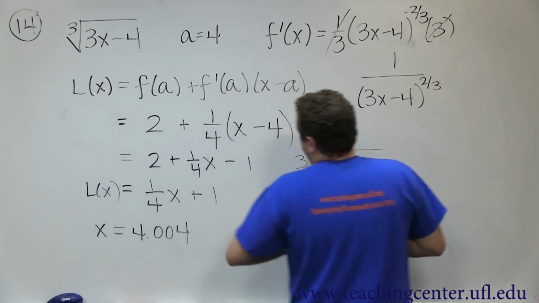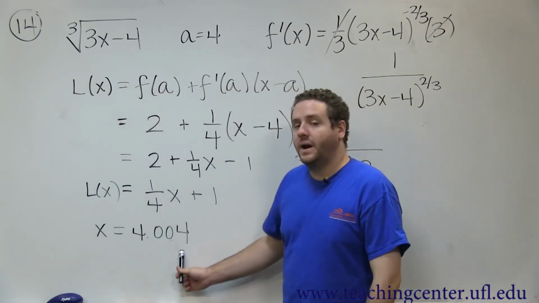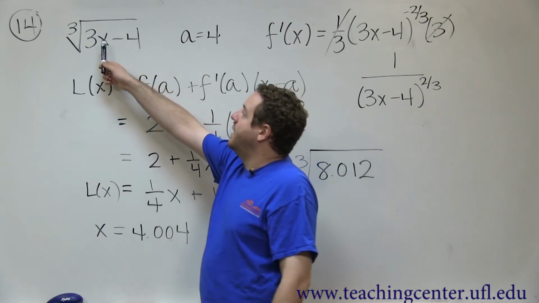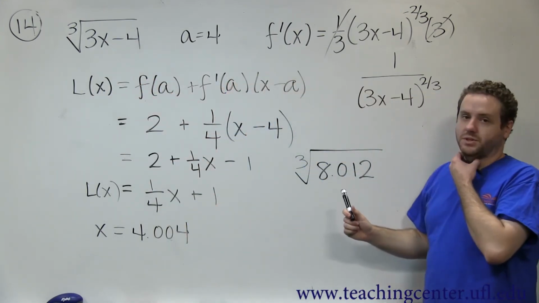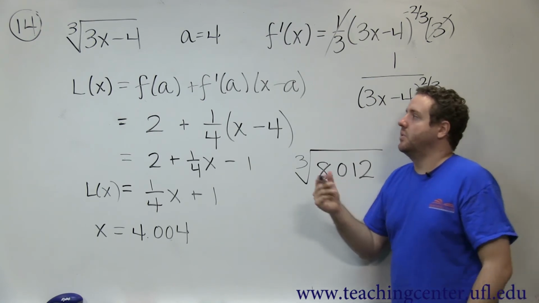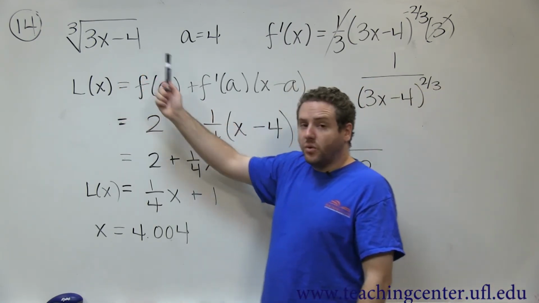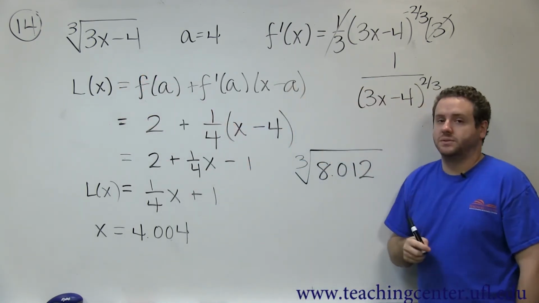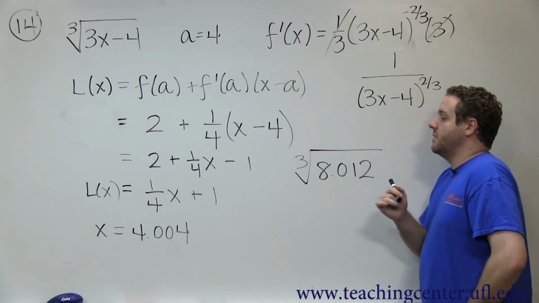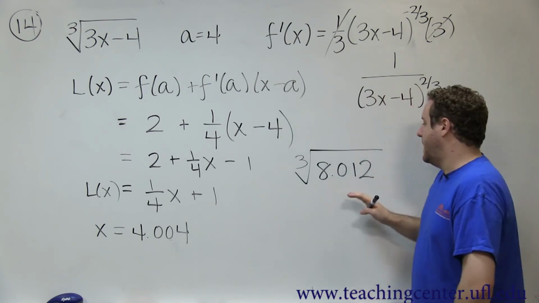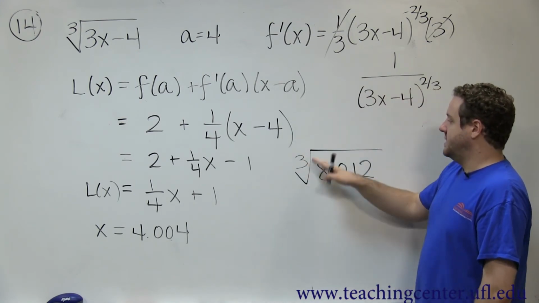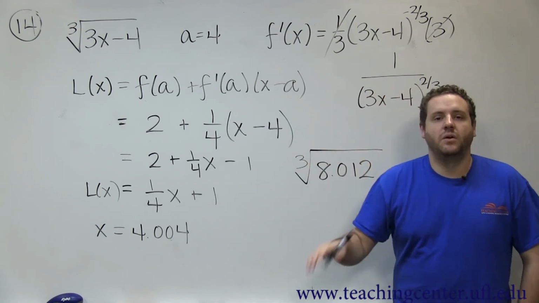So again, the way I got that is because I'm trying to figure out what x could I plug in here so that this value under the radical becomes 8.012. So you're really just setting up the equation 3x minus 4 equals 8.012 and solving for x. The really common mistake on these linearization problems is that a lot of students will see the cube root of 8.012 and just say, oh, that's my x.